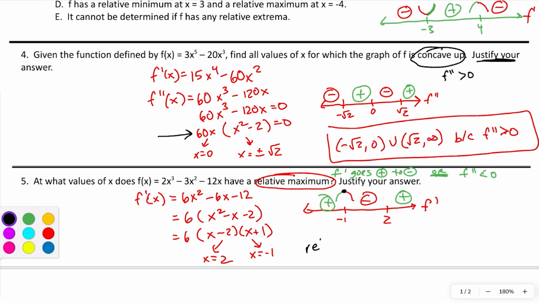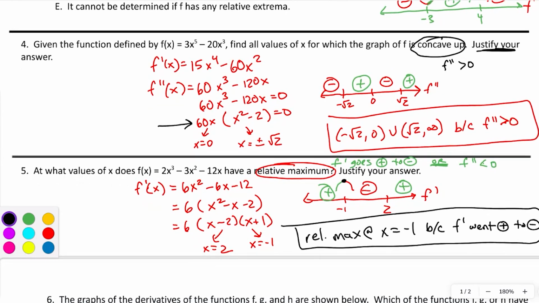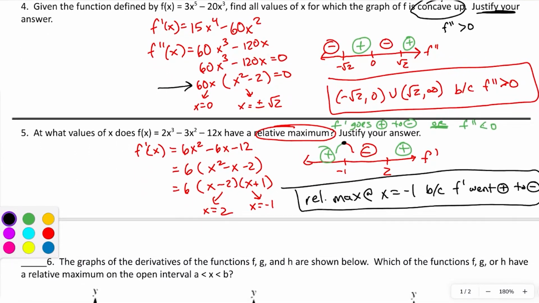So we have a relative max at x equals negative 1 because f prime went from being positive to negative. And it doesn't ask for this, but we can also say that we've got a relative minimum at 2.